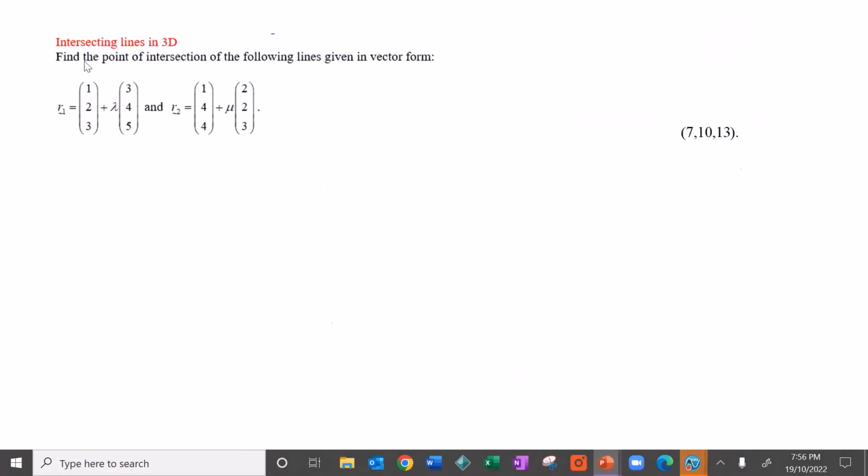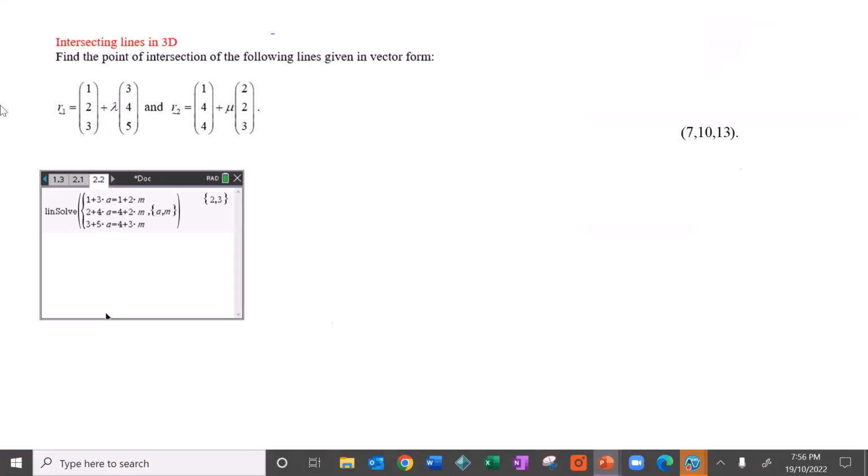So let's say we have 2 lines and we wish to find the point of intersection. These are 2 lines given in vector form, which of course we can change to a parametric form. If we wish to find the point of intersection, all we need to do is change each to Cartesian form.